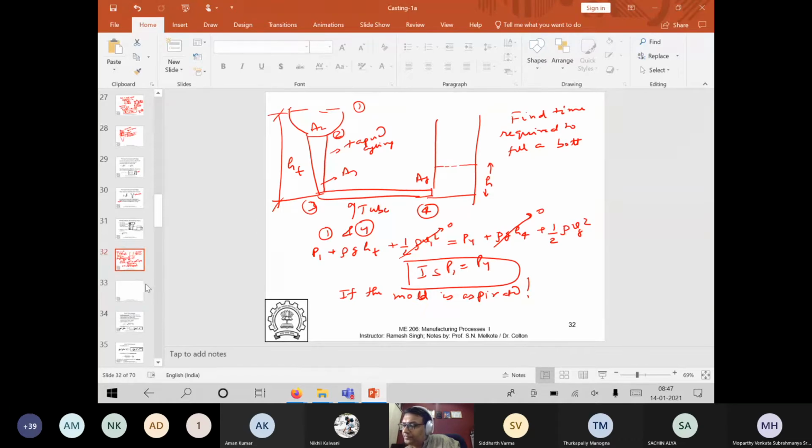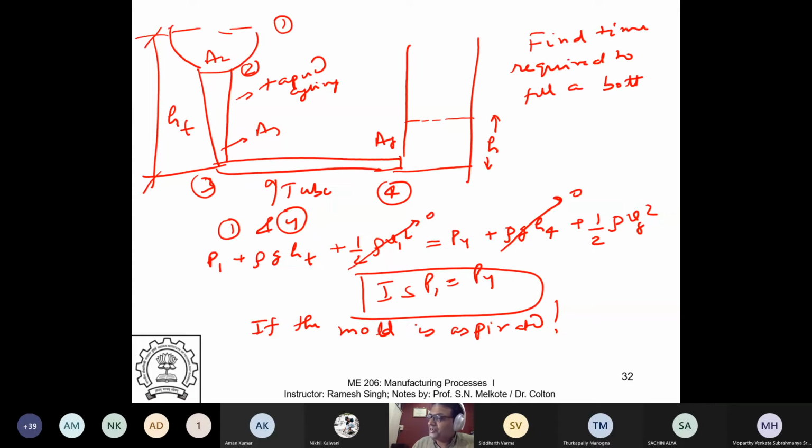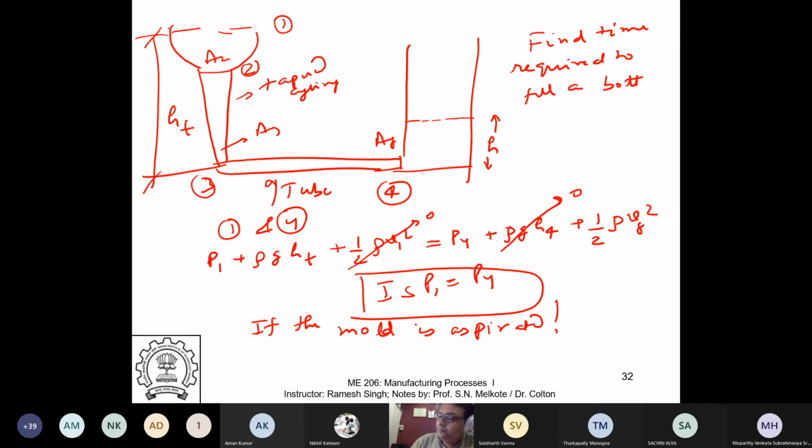I'll move it here. So you're right that now what I'll do is I'll just transfer this information here. So P1 plus rho GHT, right? Half rho V1 square is 0 regardless. Half rho V1 square is 0, but I'll just write it for completion's sake.